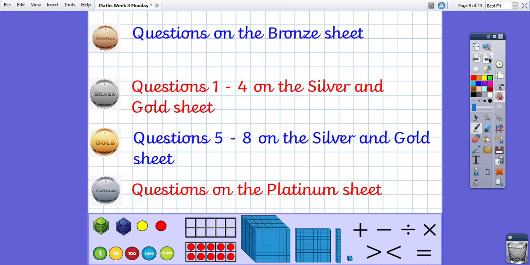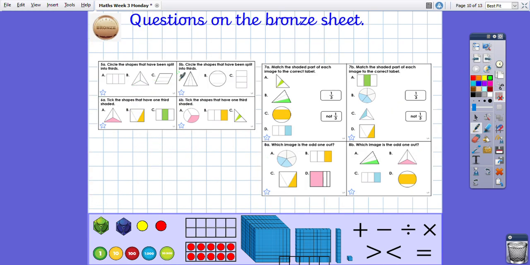Okay, so today, bronze, your questions look like this. You have got to circle the shapes that have been split into thirds, tick the shapes that have got 1/3 shaded. You've got to match the shapes with whether they show a third or not 1/3, and then find which image is the odd one out.